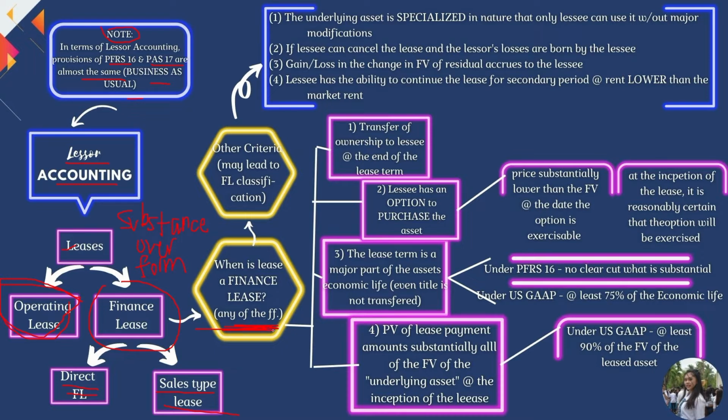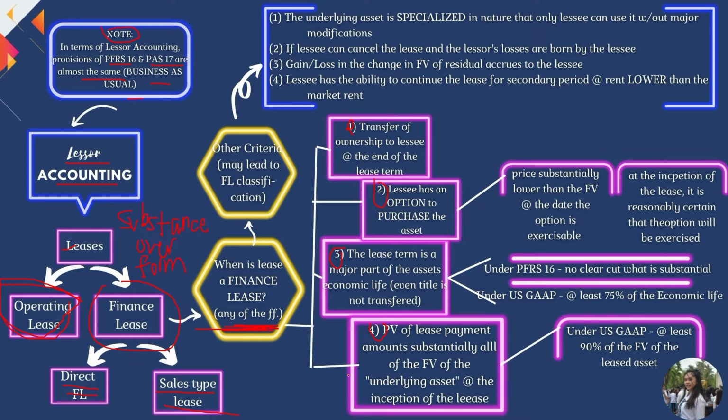So if ever you fall under any of these, 1, 2, 3, and 4, okay? If you fall under any of 1, 2, 3, 4, we can classify it as a finance lease. Okay? Not an operating lease.